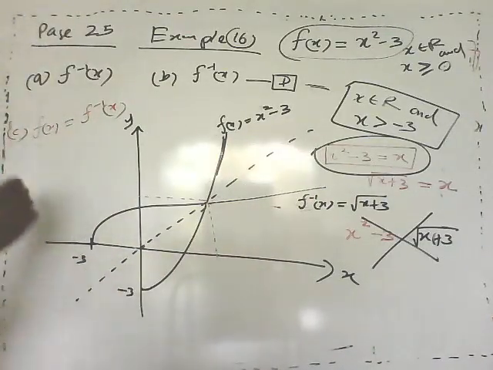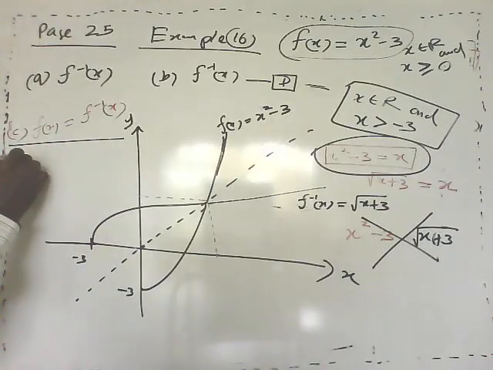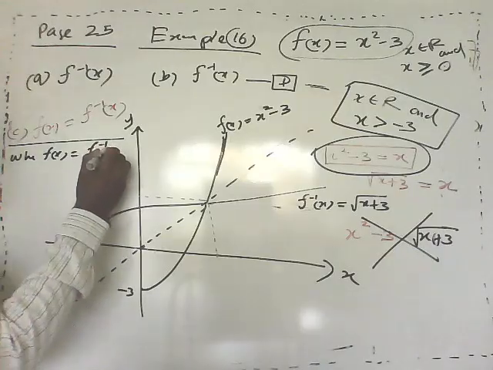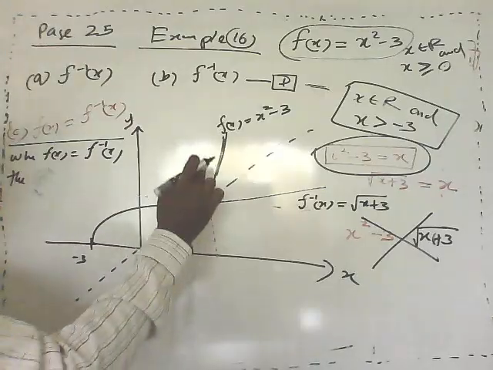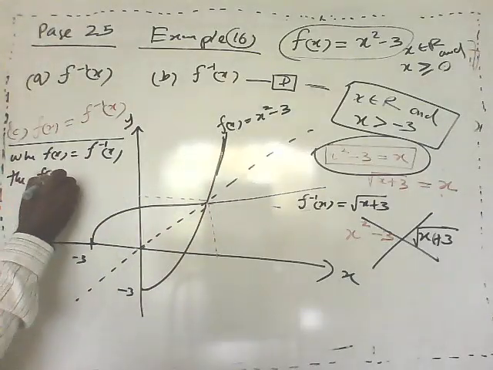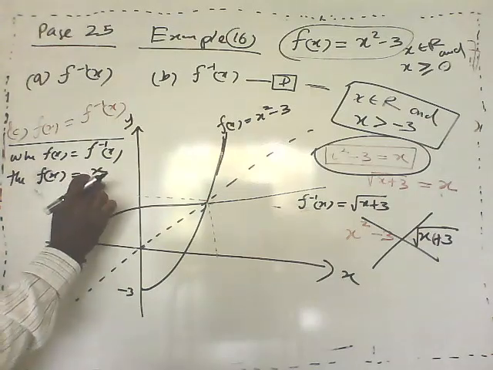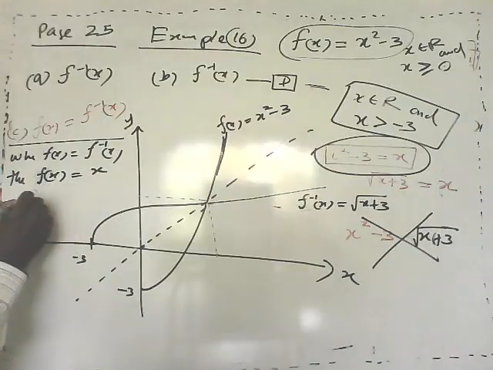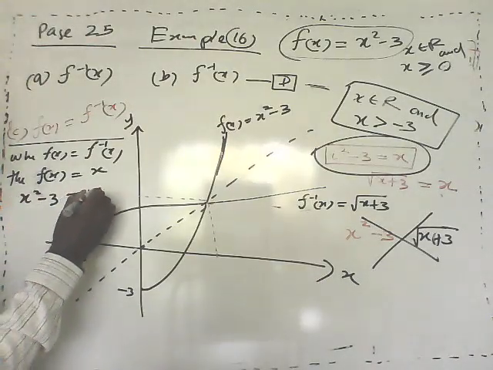So I will do it here. We can say when f x is equal to f inverse x, then this f x is equal to y equals x also. So actually we are solving y equals x. Then it's going to be x squared minus 3 is equal to x.